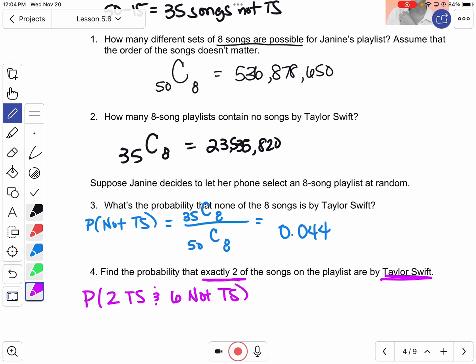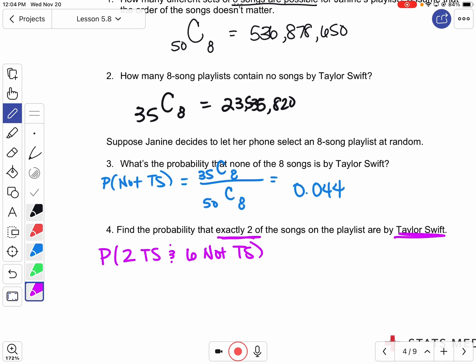That's the probability we're actually doing: 2 that are Taylor and 6 that are not. The good news is my denominator is still all the songs on the list, 50, choose 8. If we want 2 that are Taylor Swift, we'll finish it when we get back. Then we'll be about ready to go.